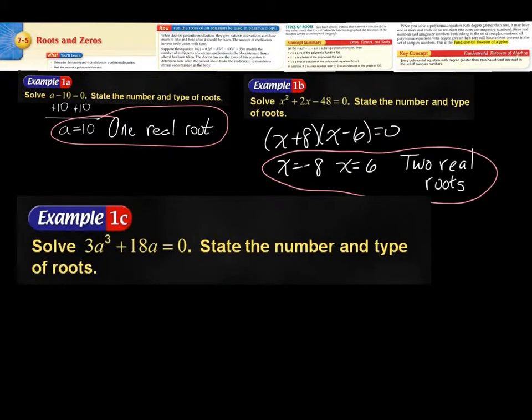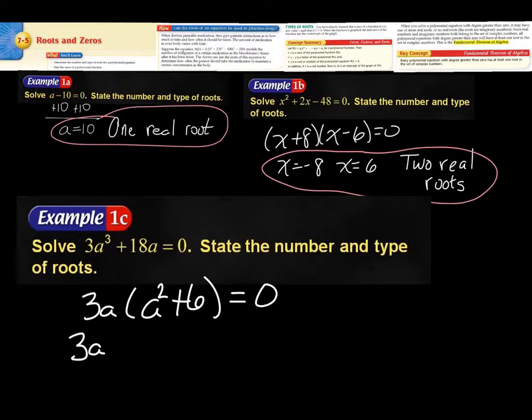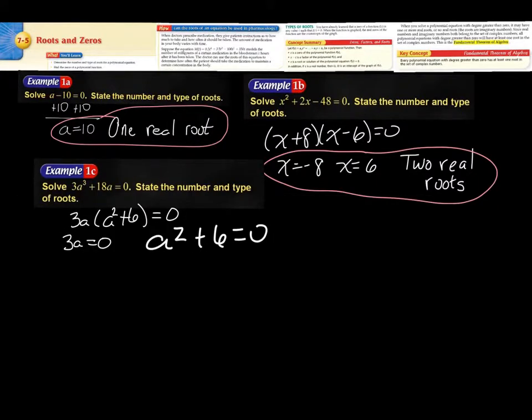And this time I can see I have a greatest common factor of 3a right off the bat. And when I factor, I have a squared plus 6 left. And I can't factor that anymore. So my two factors are, I'm going to have 3a equals 0, and a squared plus 6 equals 0. If I divide both sides by 3, I have a equals 0. That's lovely.